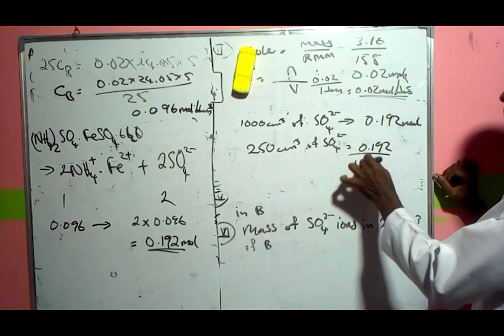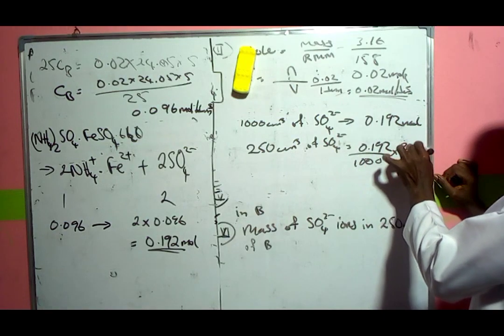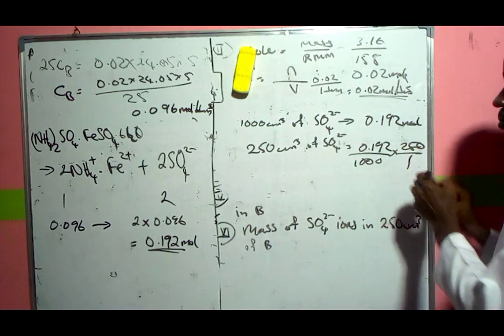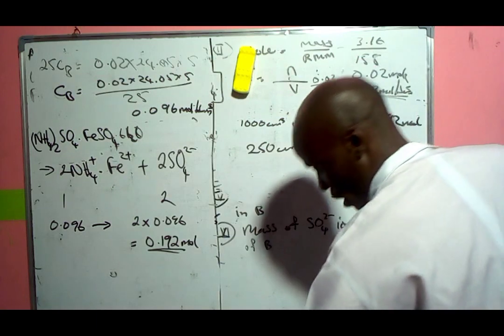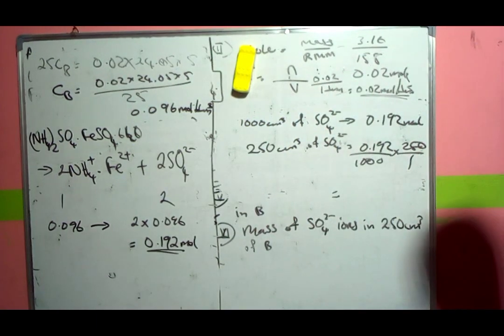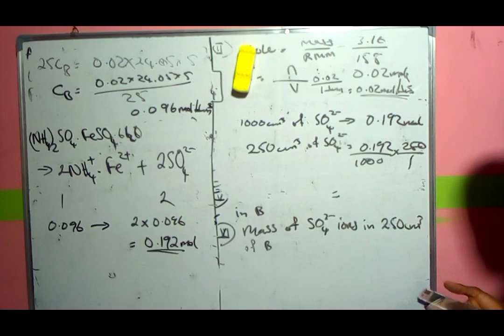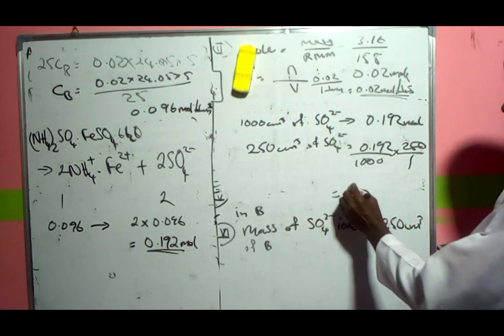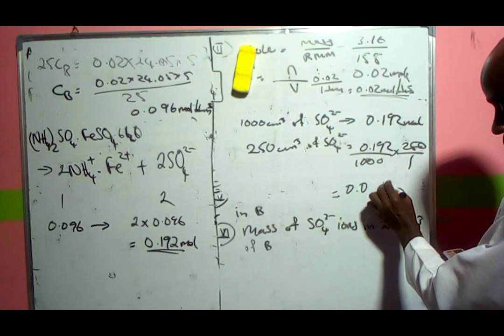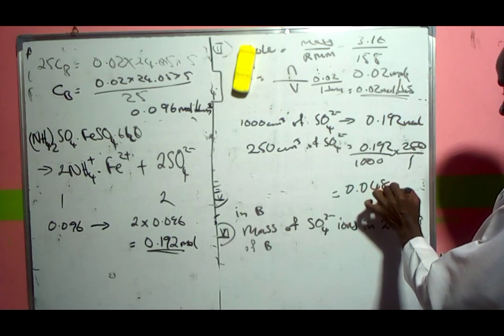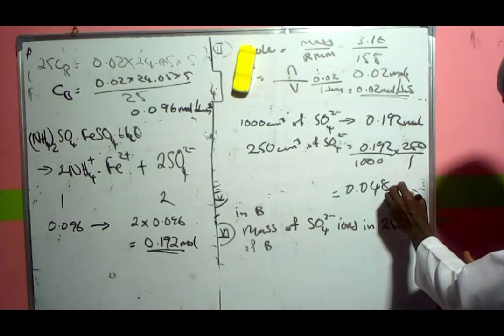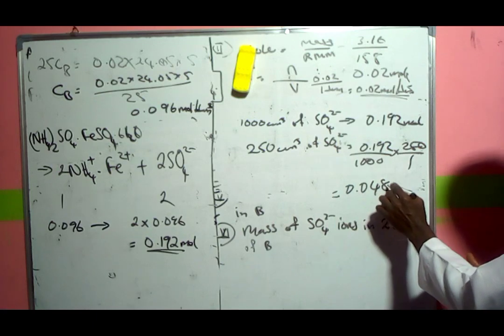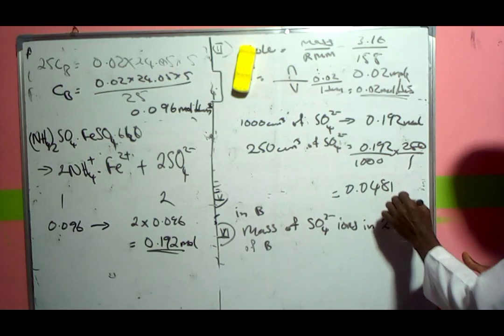0.192 over 1000 times 250 over 1. Let's divide it through. It will give us 0.0481.